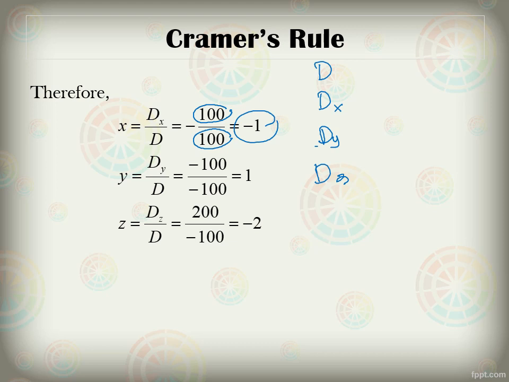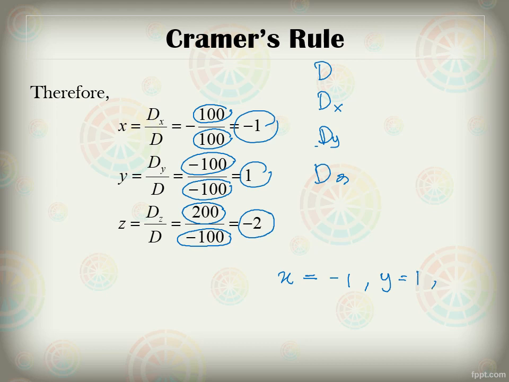For the determinant of matrix Y, it is negative 100 over negative 100, you get 1. And for the determinant of Z, we got 200 divided by negative 100, you get minus 2. So the solution for x1, x2, x3 or x, y, z is still the same as the previous method.